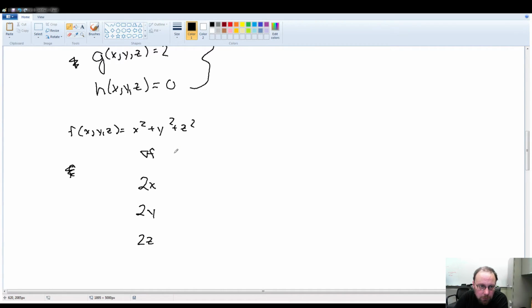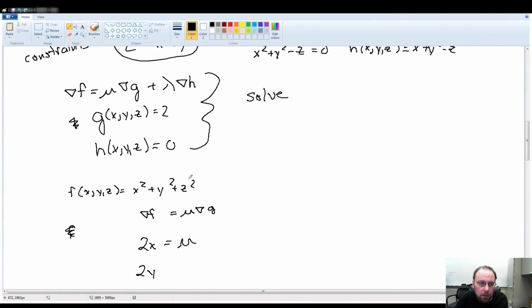Okay, and that has to equal a multiple of the gradient of the first constraint. So equals mu. What's g?